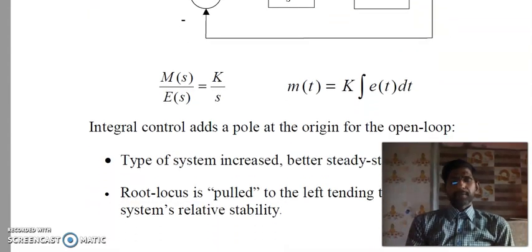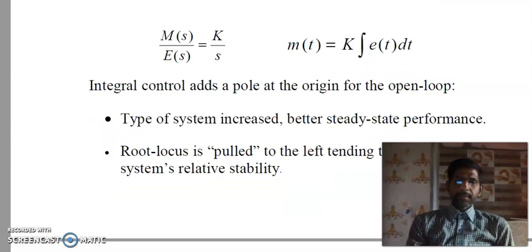Integral is very important. The integral controller adds a pole at the origin for the open loop. If you add a pole at the origin for the open loop, the type of the system is increased. If the type is increased, then the steady state error performance will improve; better steady state performance will be there.